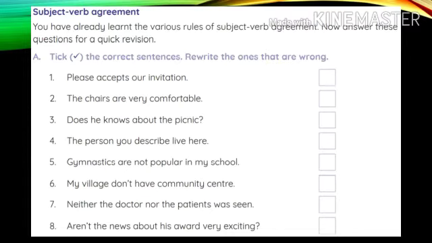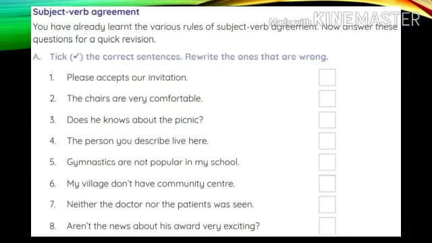Fourth one, the person you describe, here it is written live, it is supposed to be lives. The person you describe lives here. Then fifth one, gymnastics are not popular in my school. So here, gymnastics is not popular in my school.